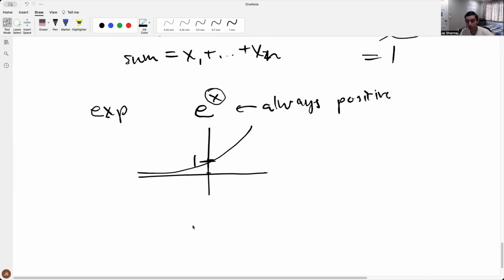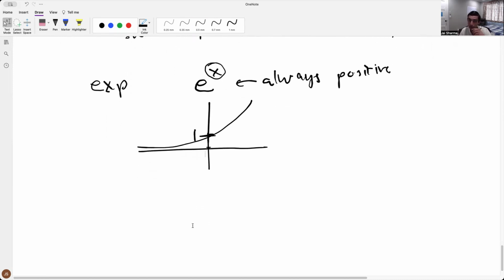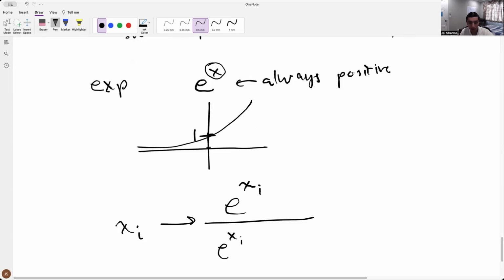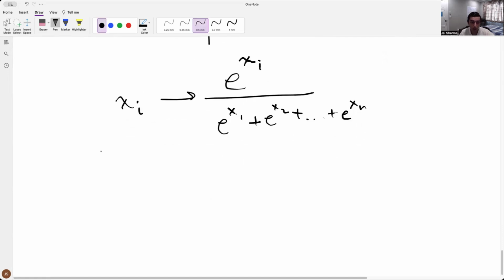And so for the sake of numerical stability, each value xi will be transformed into e to the power of xi, divided by e to the power of x1 plus e to the power of x2 plus dot dot dot e to the power of xn. So let's rewind that. What does that mean? You have x1, x2, dot dot dot all the way to xn.